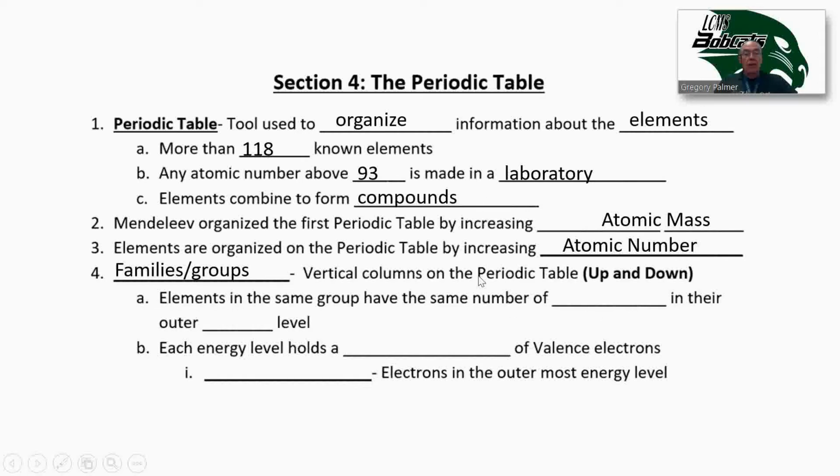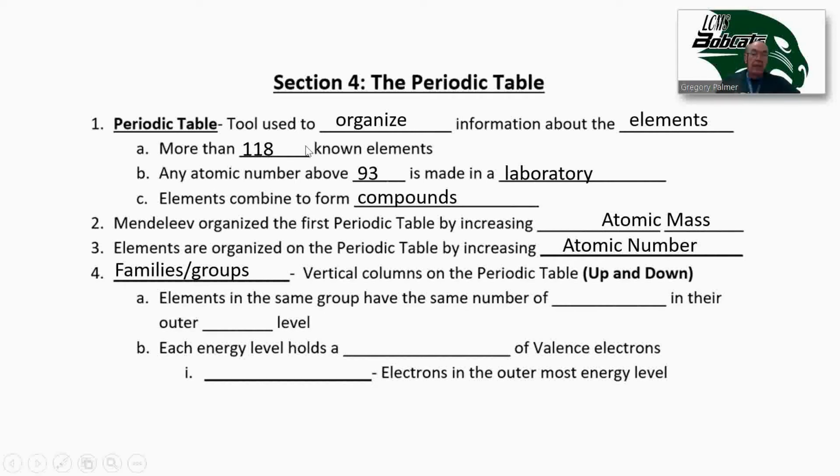The vertical columns going up and down, how Mendeleev was organizing these things by their characteristics, are called families or groups. And the reason why they're called a family or a group is because they have similar characteristics. So, people who belong to a group, like if you belong to FFA, have some similar characteristics. They're all interested in the same thing. But people in a family share some genes, so they have similar characteristics.